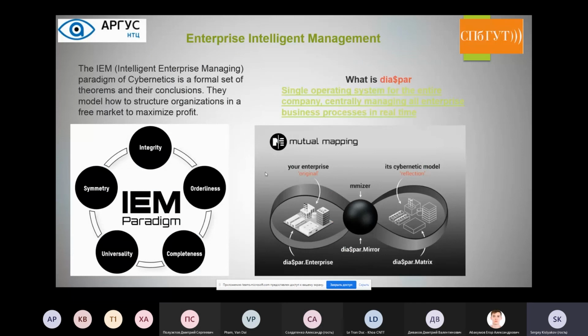The idea of the digital twin came from two main ideas. The first one is the intelligent enterprise management paradigm, and the second one is a single operating system for the entire company.